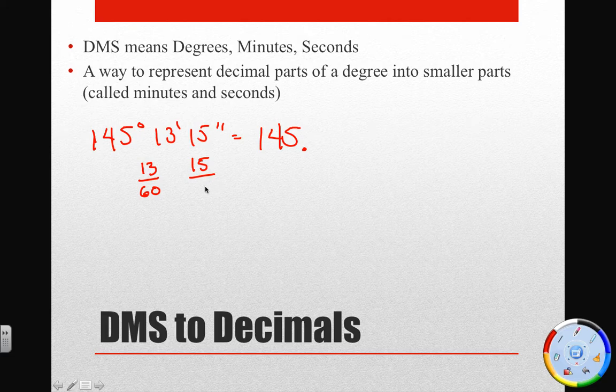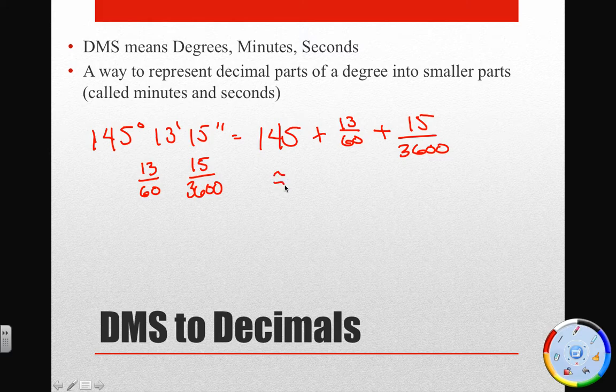We know there's 60 seconds in a minute and 60 minutes in an hour, so multiplying those together, we get 3,600. So this is 145 degrees and 13 out of 60 and 15 out of 3,600.